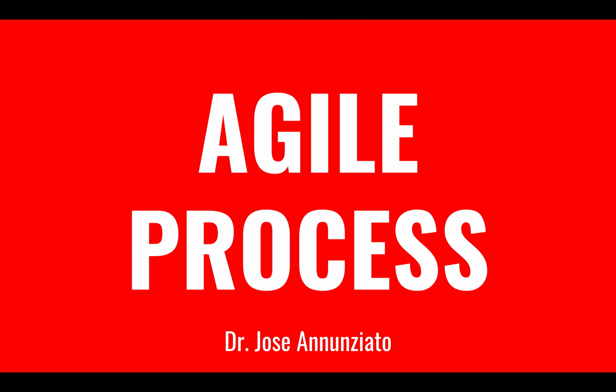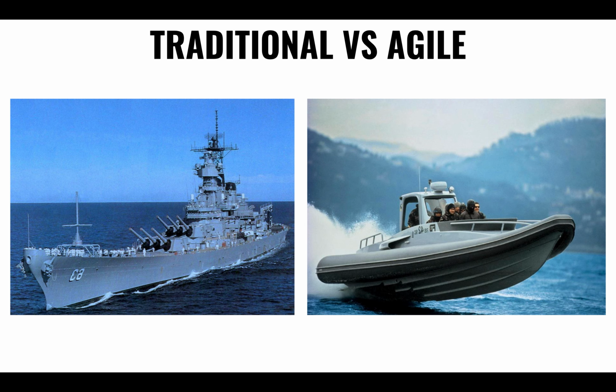So AGILE. AGILE is pretty much the current standard, the process that's mostly used in industry, and the name tries to suggest a distinct way of thinking, right? That we're going to leave behind the very heavy, slow to react methodologies of the past.